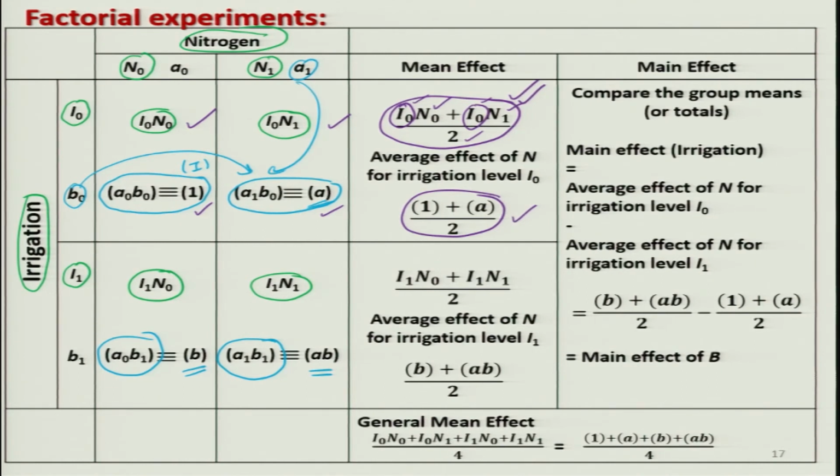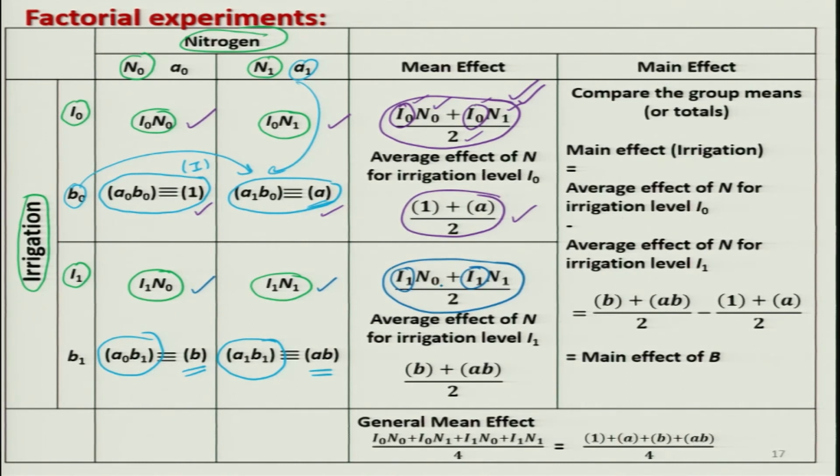And similarly, in the second column, I am taking I1 N0 plus I1 N1 and then finding the arithmetic mean. So, this is I1 N0 plus I1 N1 divided by 2. You can see this I1 is common in both the terms.